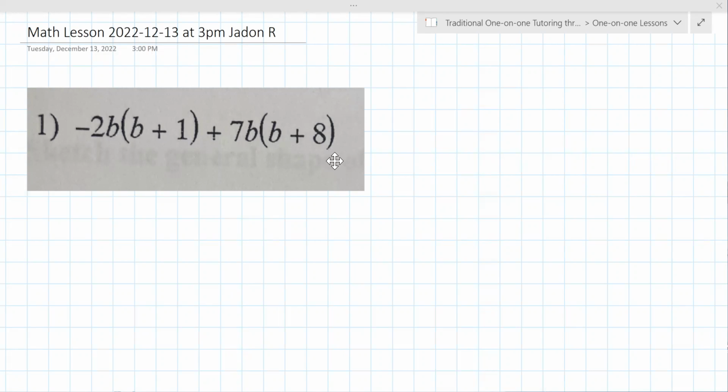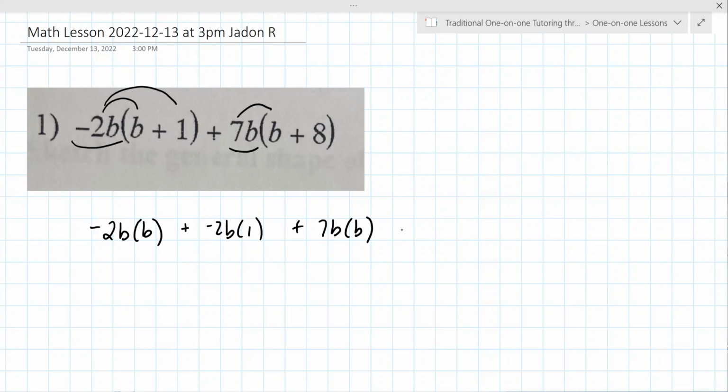Okay, so this problem right here is about simplifying. You're distributing whatever's on the outside to each of the terms on the inside. There's kind of this intermediate step, which I found is somewhat helpful to show students. You may already know how to do this, but it's where you actually show the actual multiplication, 7b times b plus 7b times the 8.